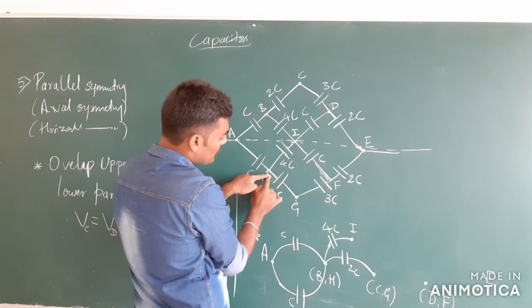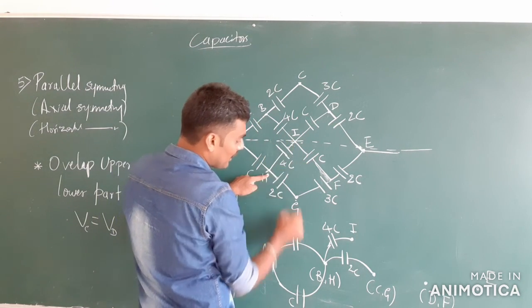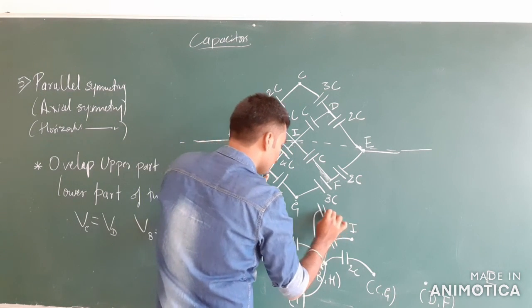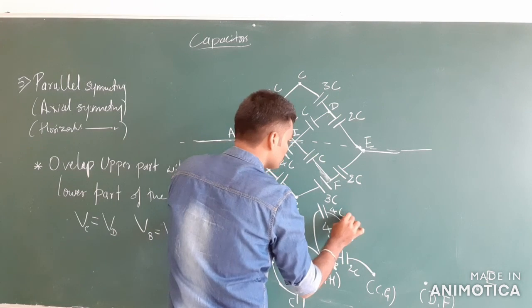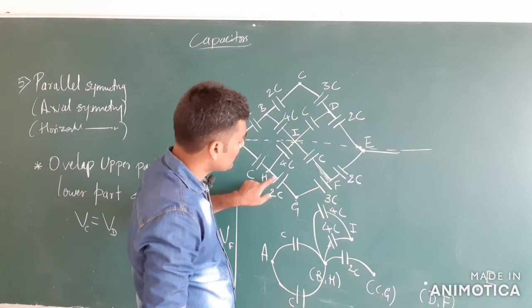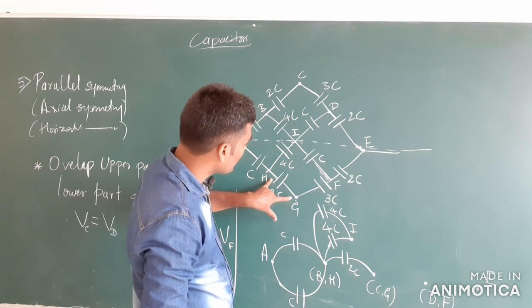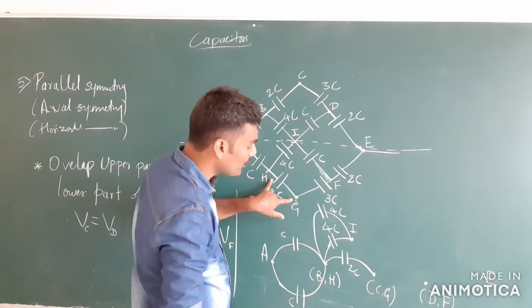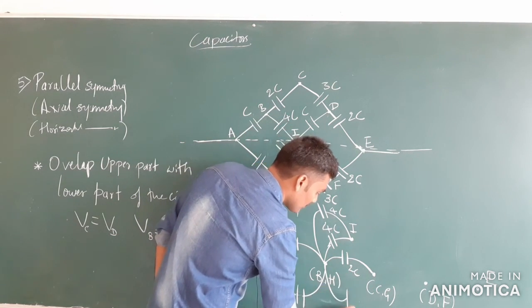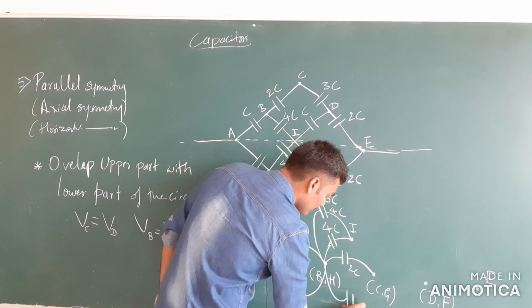Let me come to H. From H to I, I have a capacitor of capacitance 4C again, right? And from H itself I have a capacitor of capacitance 2C going to G. From H to G, capacitance is 2C.